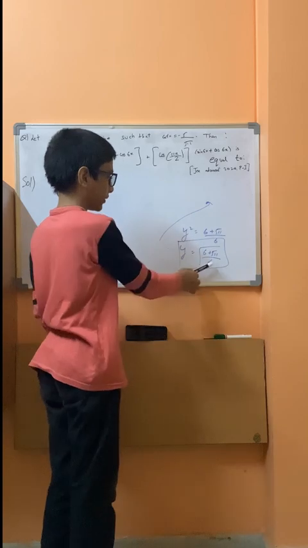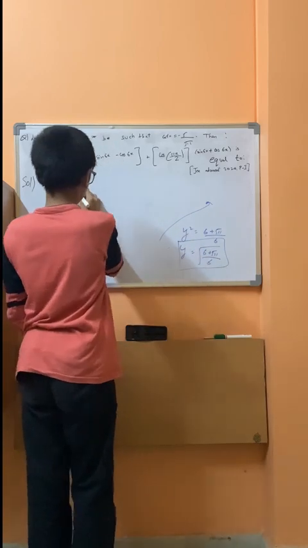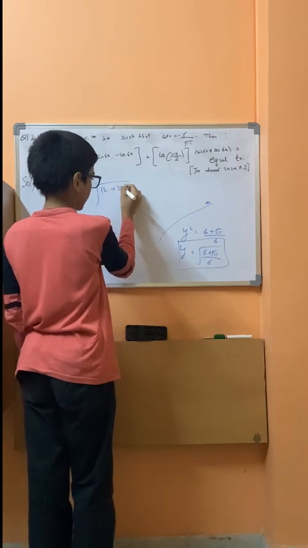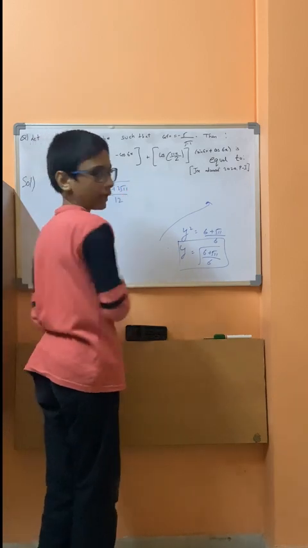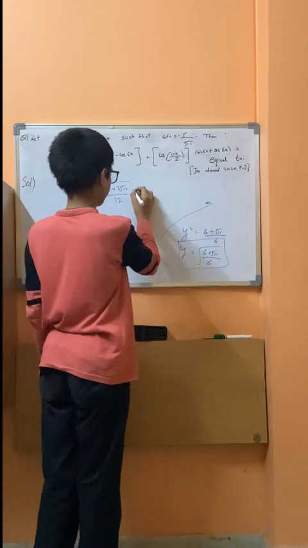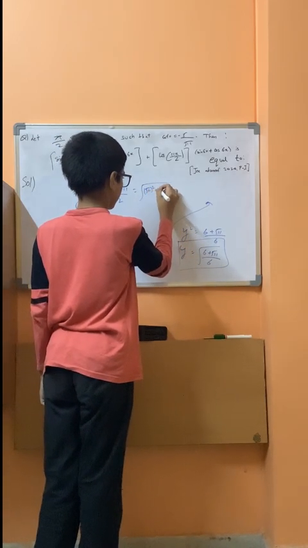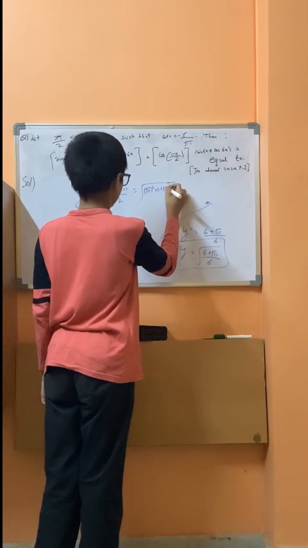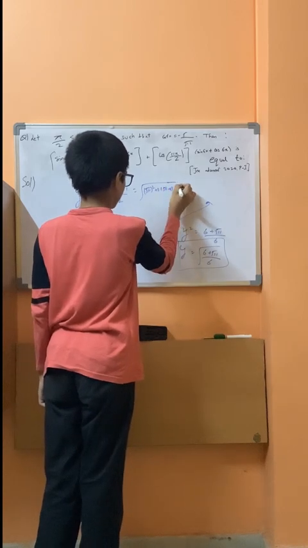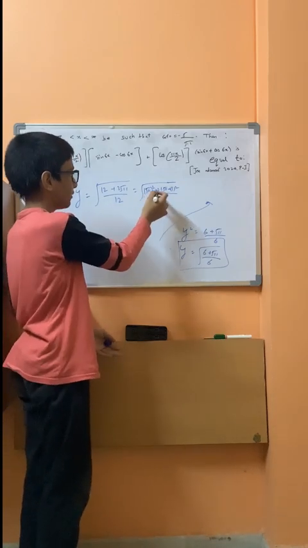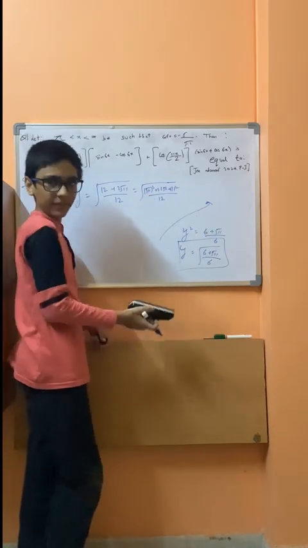So now I am going to take this over here. So I am going to multiply by 2 over here and here. Now we can write it like this. So we can clearly see that this is square root of 11 plus 1 whole square. Let me write it again for you.